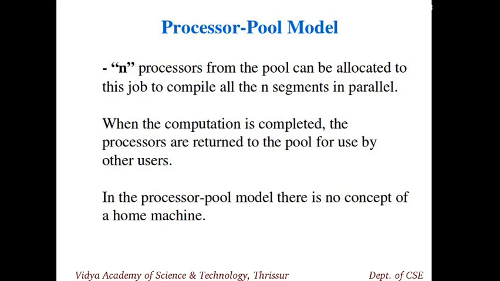So there is no wastage of processors in the local machine, because all the work is done by the remote central system. So users' machines are directly connected to the processor pool model, and there is no computational wastage at the user end machines.